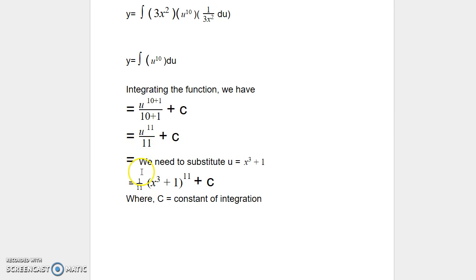So 1 over 11, the 11 is in the denominator, and instead of u, I can write x cubed plus 1, and this whole thing is raised to the power of 11, plus c, where c is a constant of integration. So this is the way we're going to solve example problems using integration by substitution.